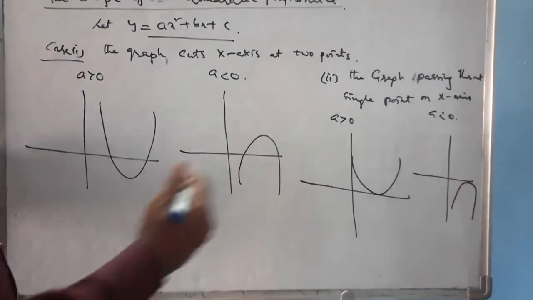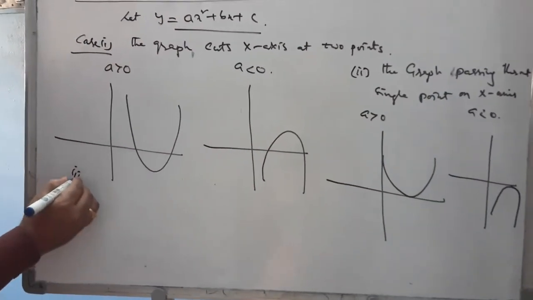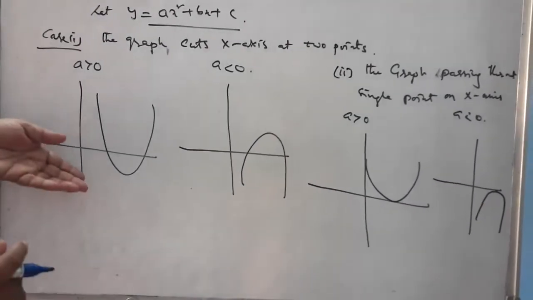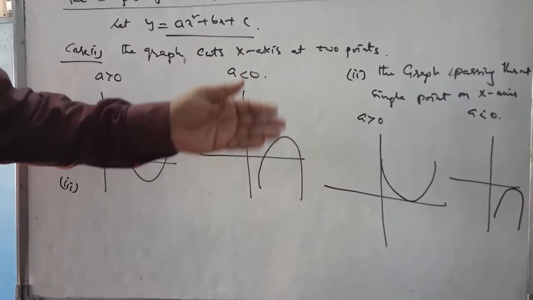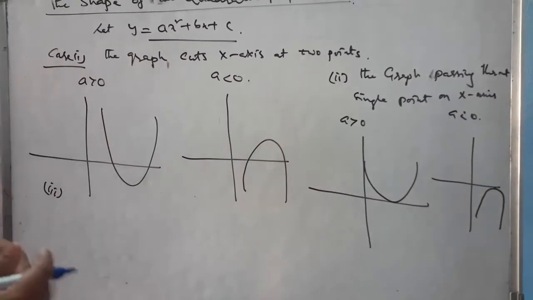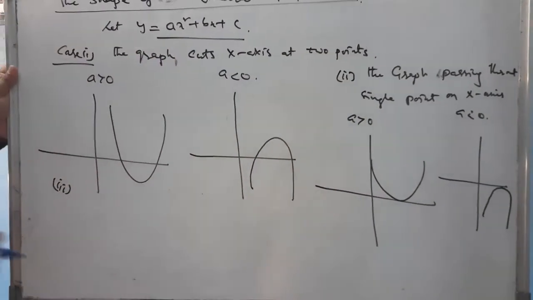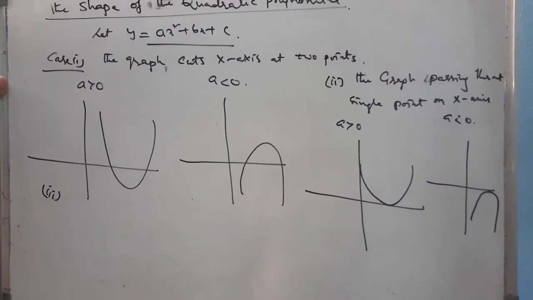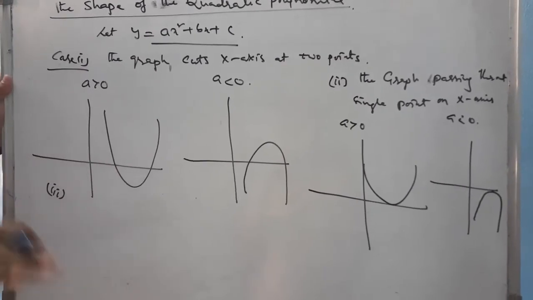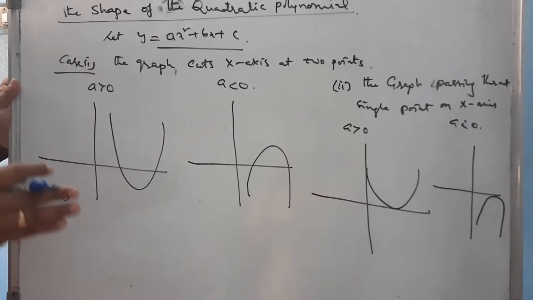So the third case. In the first case, it cuts at 2 points. In the second case, it touches the x-axis at a single point. Next, I am taking the case where it is above the x-axis or below the x-axis. That means it does not cut the x-axis.